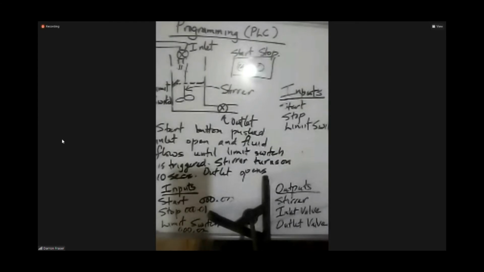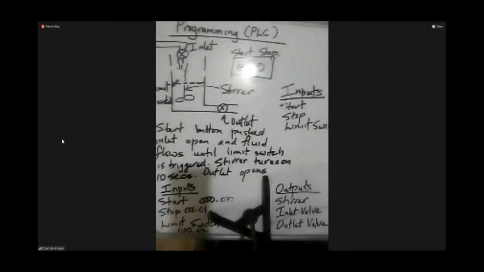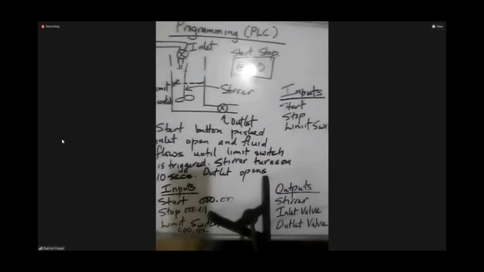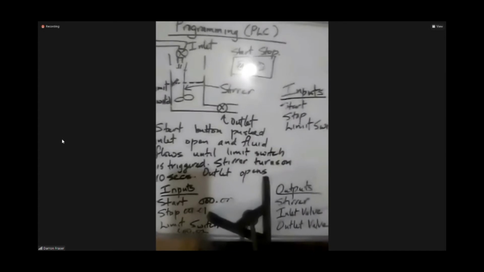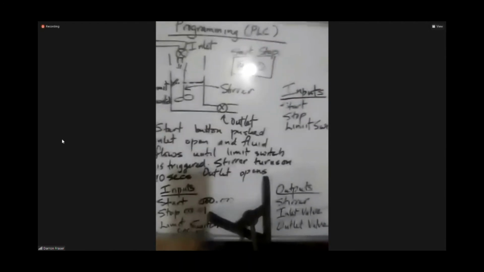So here is the problem that the cement company had. They don't have anything that says the start switch wires to 0, 0, the stop switch wires to 0, 1, the limit switch wires to 0, 2, and all the equipment is all over the place. So what should take them 2 days to do takes 2 weeks, because they have to walk all over the place and trace wires back to the control panel for the PLC.